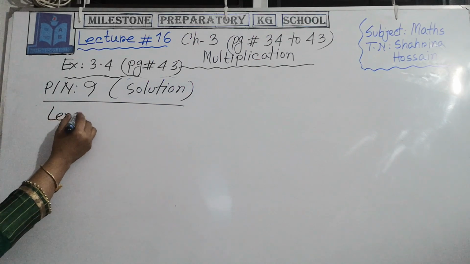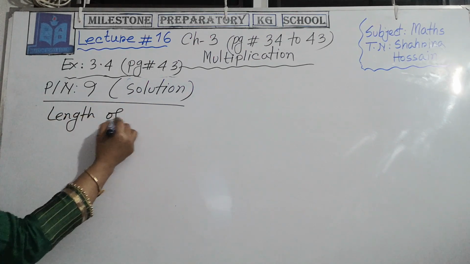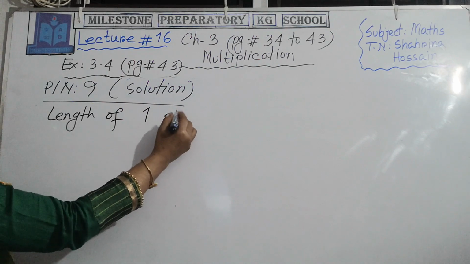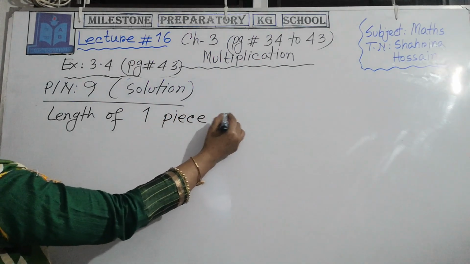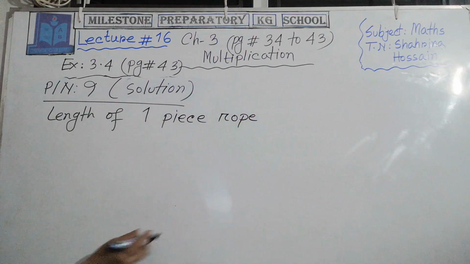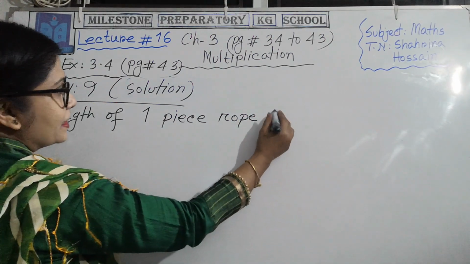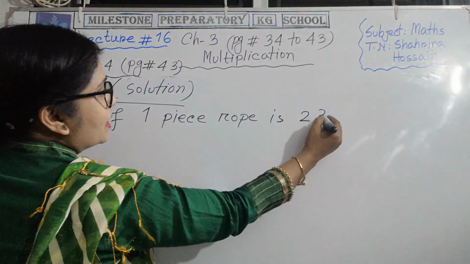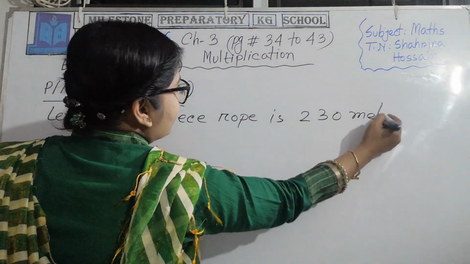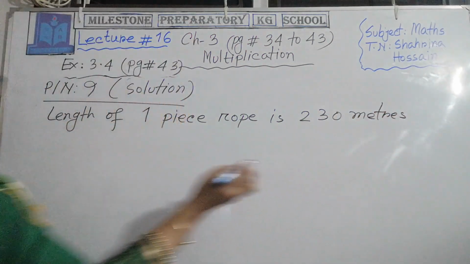Length of one piece of rope is 230 meters. Okay.